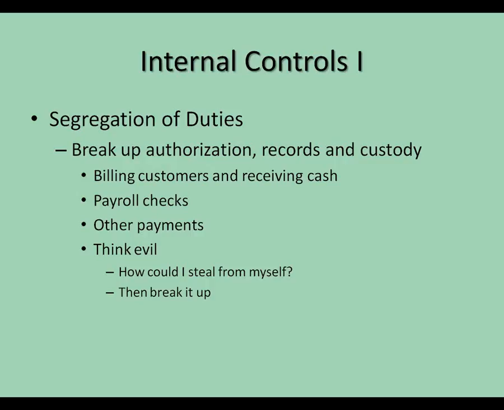Well, that person could misbill a customer or take the cash and say the customer didn't pay. And we may or may not be able to recognize that quickly. Whereas if we break up the billing of the customer from who's receiving the cash, we have now broken their ability to compromise our operations.